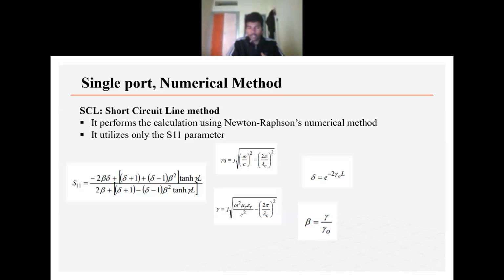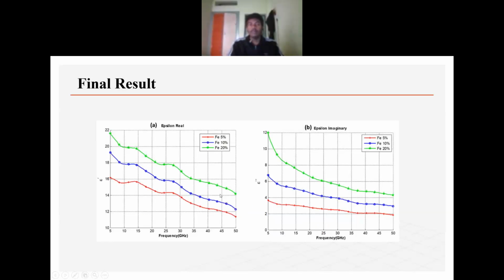For that we use the SCL method, which is the short circuit line method. This method is solved using the Newton-Raphson numerical method. There is a function giving how S11 depends on permittivity and permeability. Using the Newton-Raphson method, we take some initial guess and then find the final permittivity, which is in complex form.